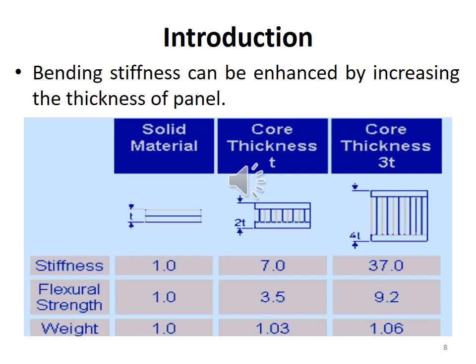So the result is, when you increase the thickness of the sandwich panel, its stiffness will be increased, and its flexural strength will be increased. However, a slight increase in the weight can be noticed. So we can conclude that sandwich panels with a higher thickness have better stiffness and flexural strength.